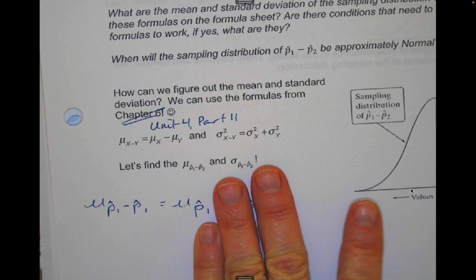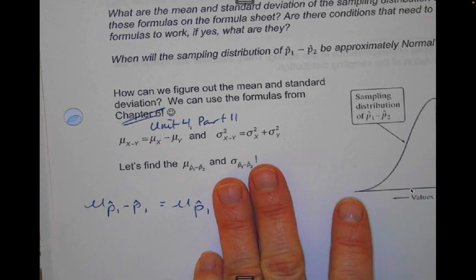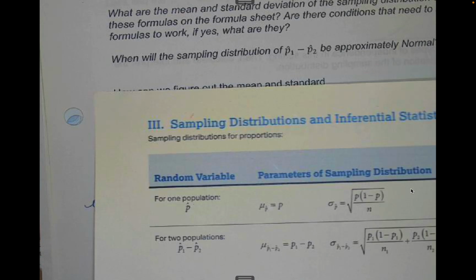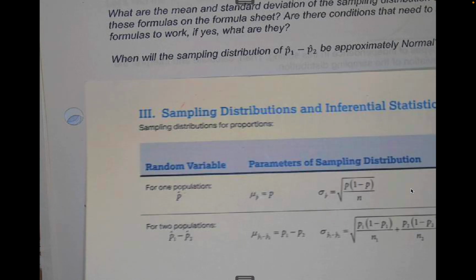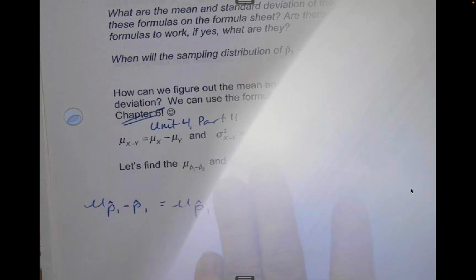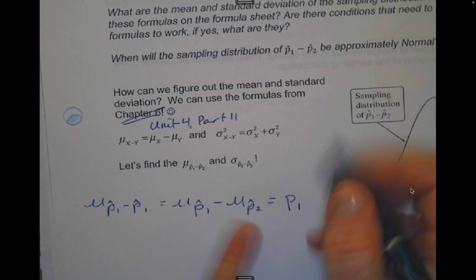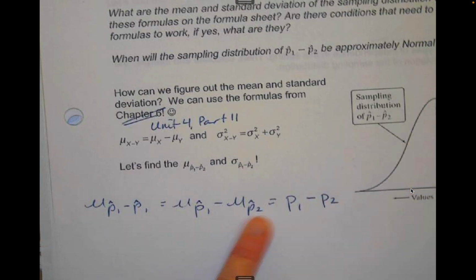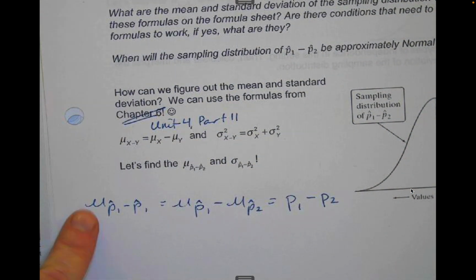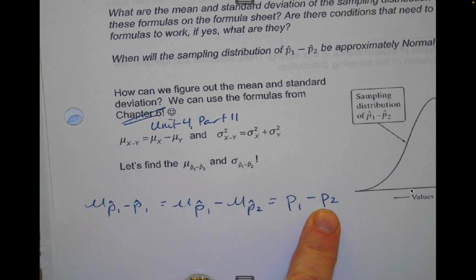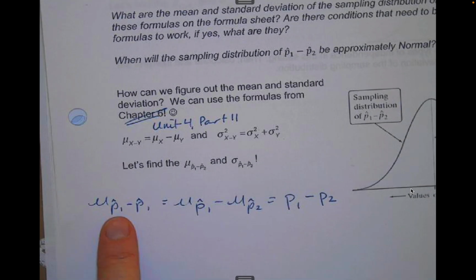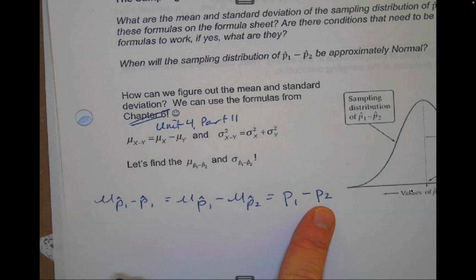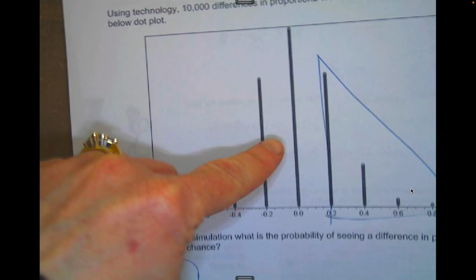The mean of p hat is equal to p, so the mean of p hat 1 is equal to p1, and the mean of p hat 2 is equal to p2. So the mean of the difference is just equal to p1 minus p2. That means it is an unbiased estimator, because the mean of all the p hat 1 minus p hat 2 values is equal to p1 minus p2.